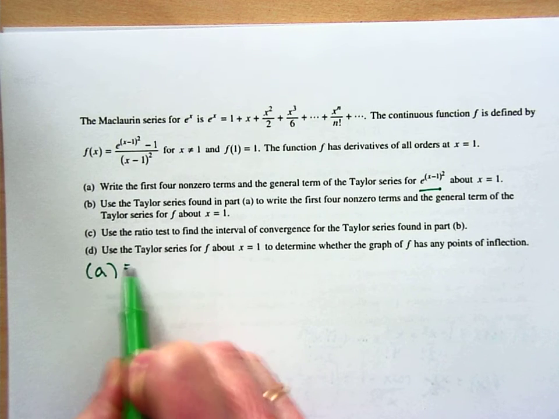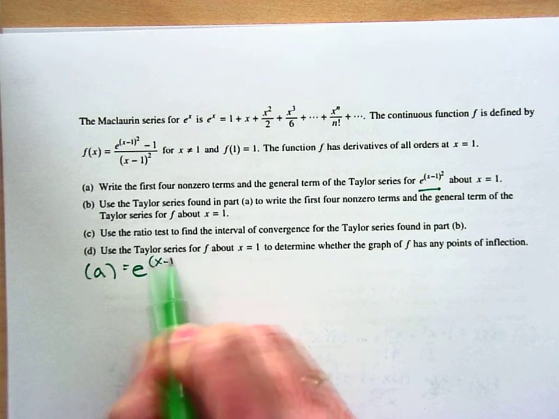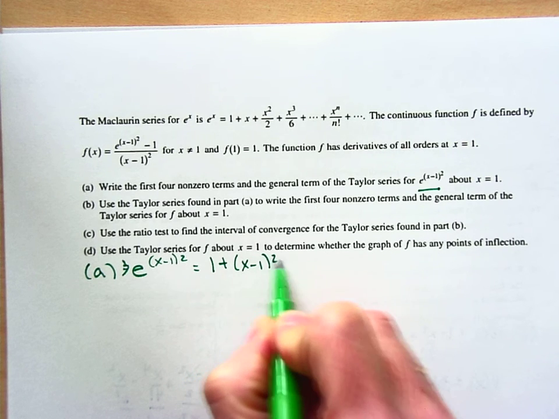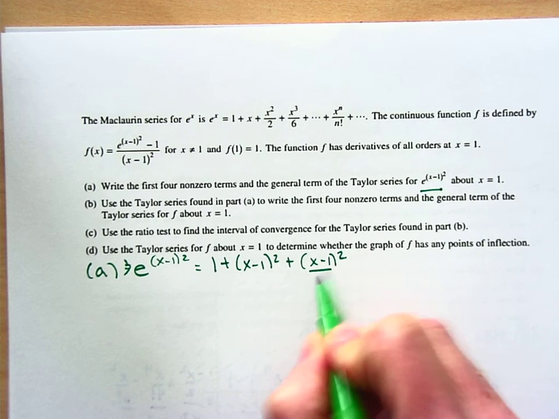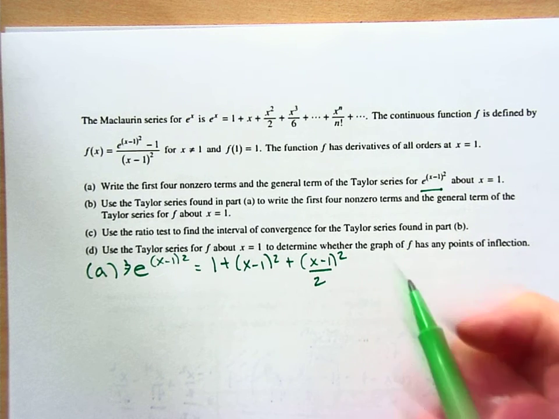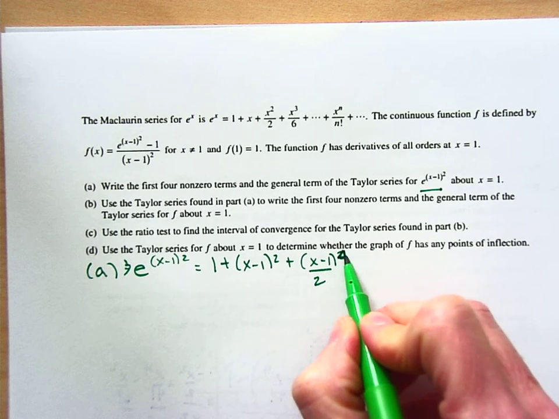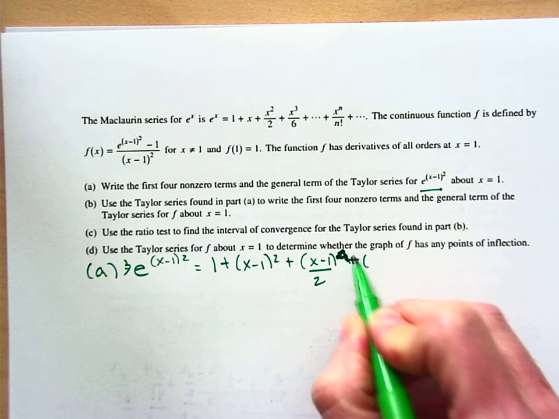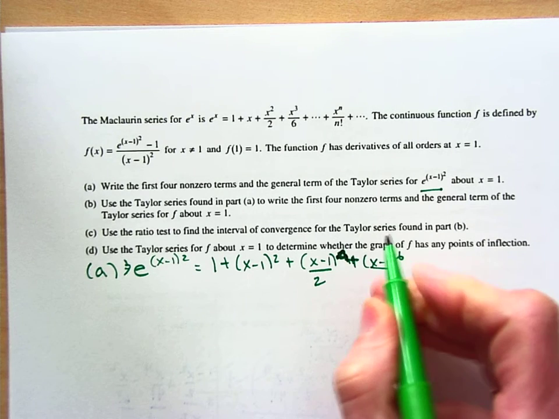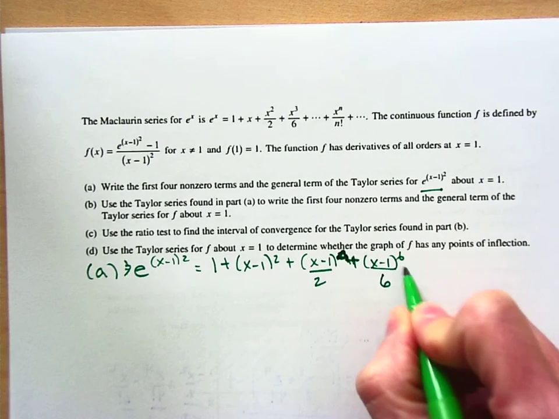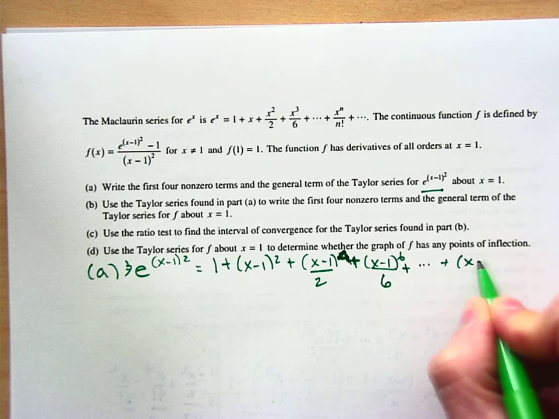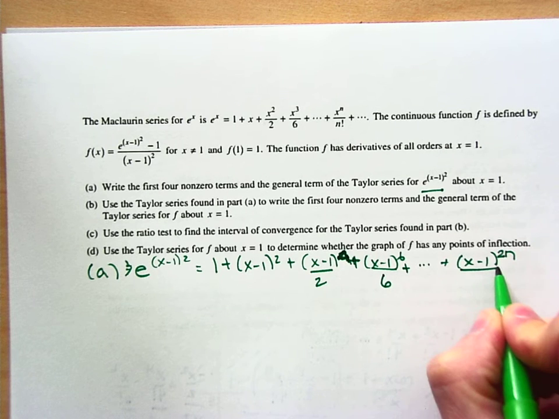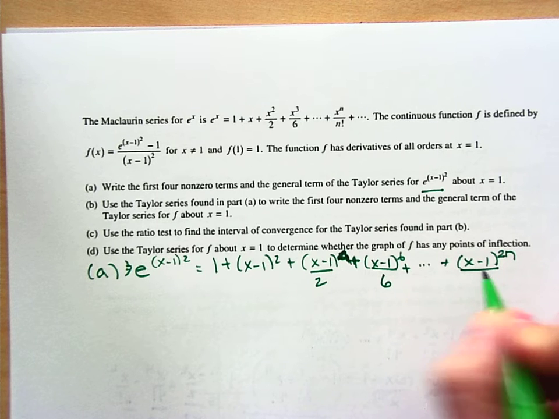So part A is e to the (x minus 1) squared, which is equal to 1 plus (x minus 1) squared plus (x minus 1) to the 4th over 2, plus (x minus 1) to the 6 over 6, plus the general term, which would be (x minus 1) to the 2n all over n factorial.